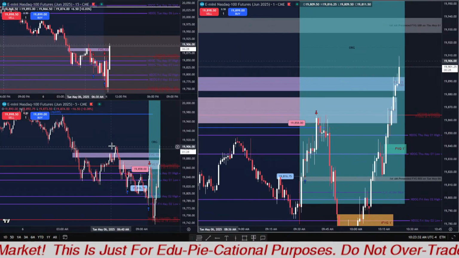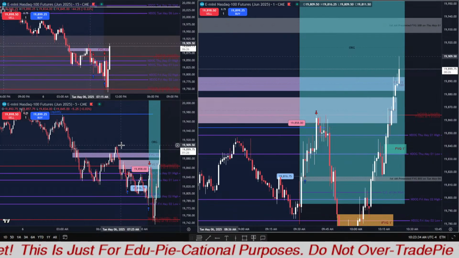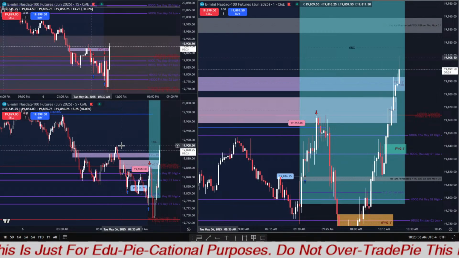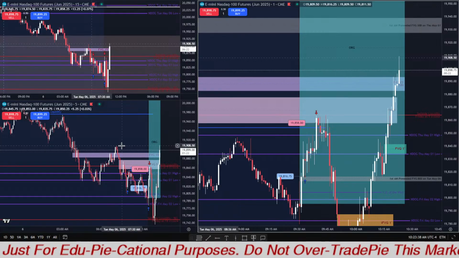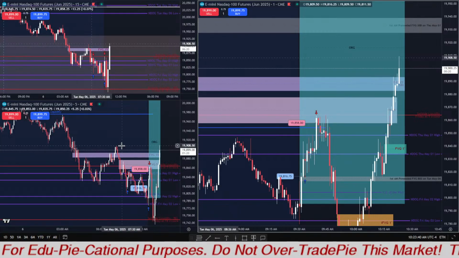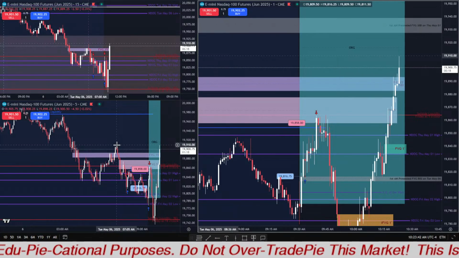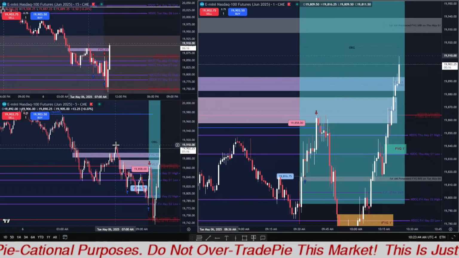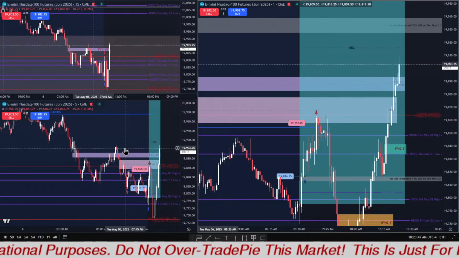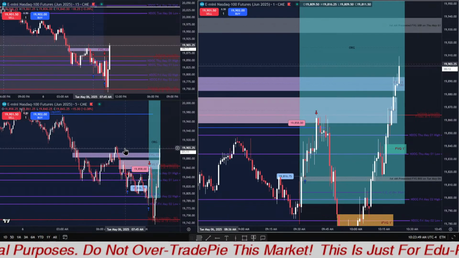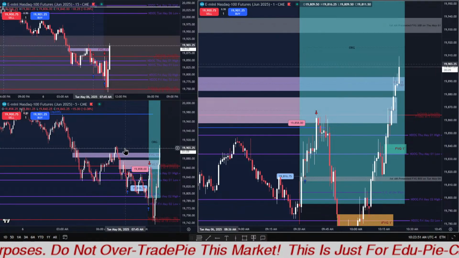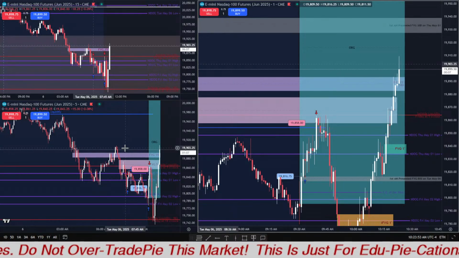Notice that we delivered the buy side liquidity over here in the 5-minute chart and 15-minute chart, as you can see. And right above that, we do have a midpoint for the opening range gap.